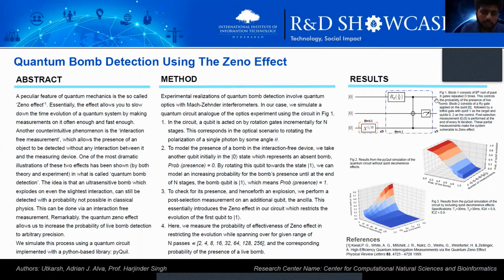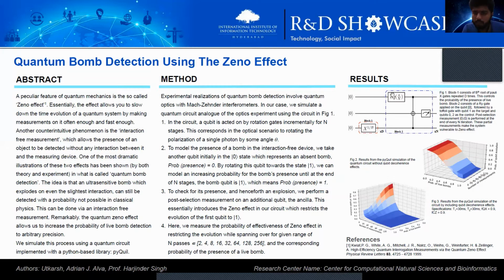The trick to telling if a bomb is live or dead is fairly simple if you look at the quantum circuit. Without setting the bomb off, we run a single qubit through the bomb again and again while making slow rotations of the qubit from the 0 to the 1 state.